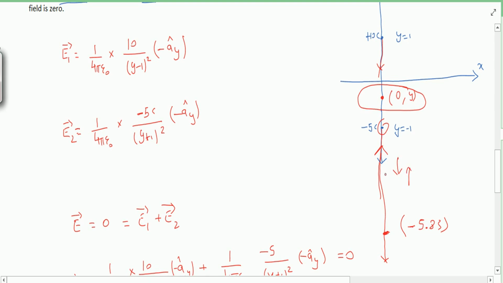There will exist some point at which these two electric fields are equal and cancel each other, and that is the point where the electric field becomes 0.